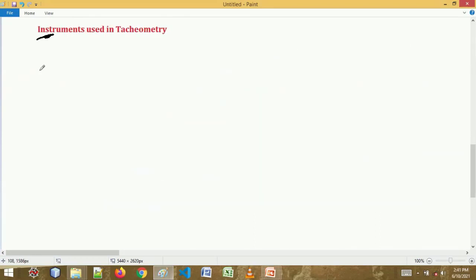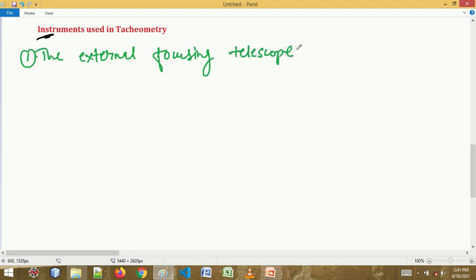Now we will have a look at the various kinds of telescopes which are used in stadia surveying. The very first type is the external focusing telescope. Number 2 is the internal focusing telescope.